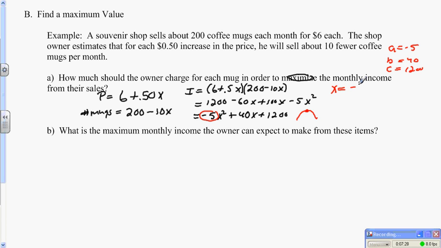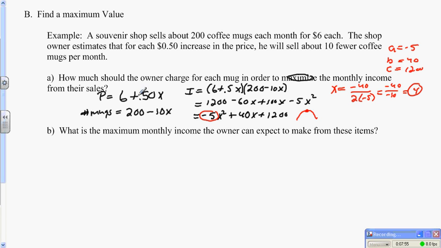So negative b over 2 times a will give you negative 40 over negative 10, which is 4. Now this means 4 changes in price. Right, so what should they charge?